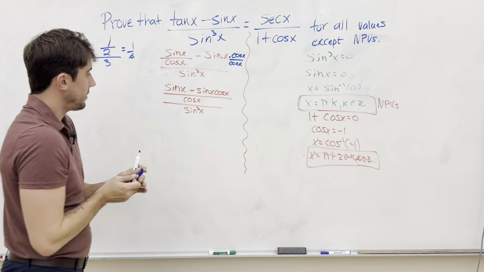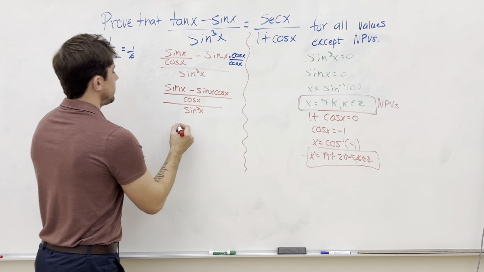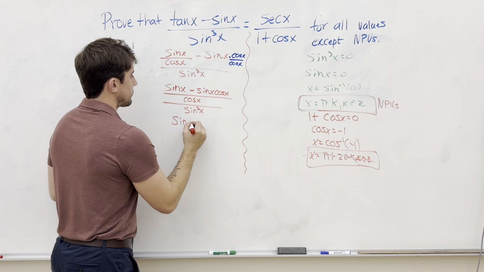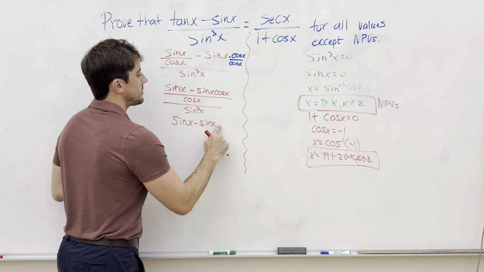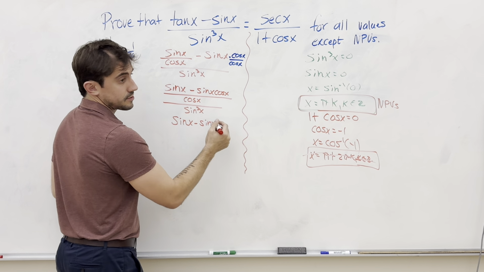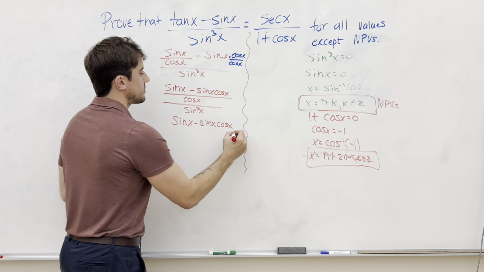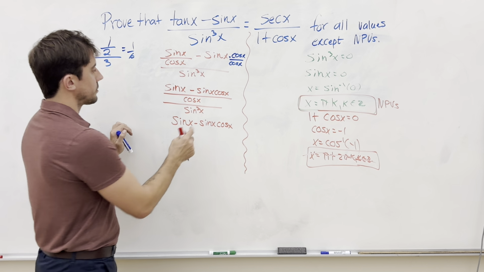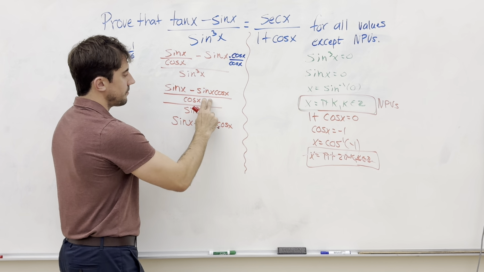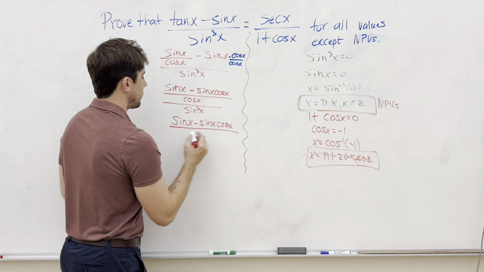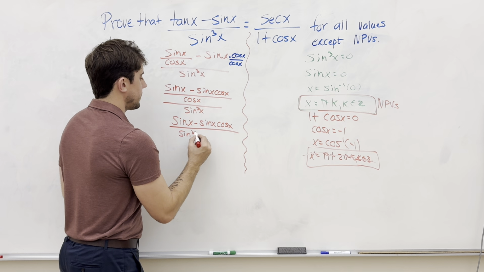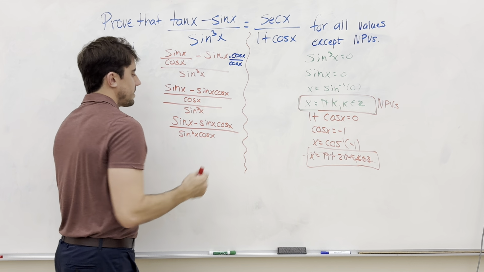And so this left-hand side now is written as, whoopsies, sine x minus sine x cos x, right? And our denominator is going to be the product of these two denominators, right? And so we'll have all over sine cubed x cos x, right?